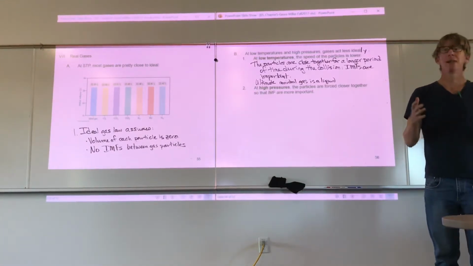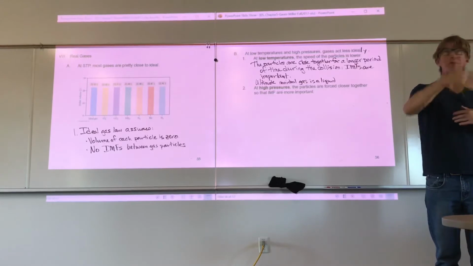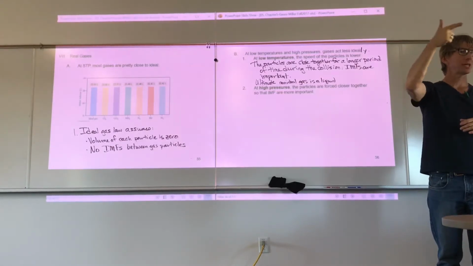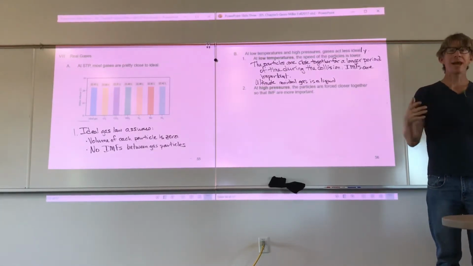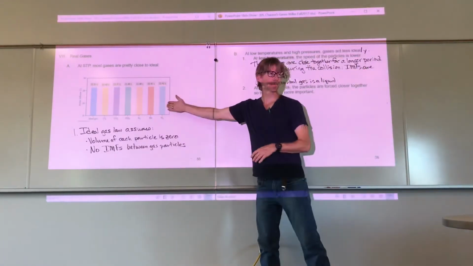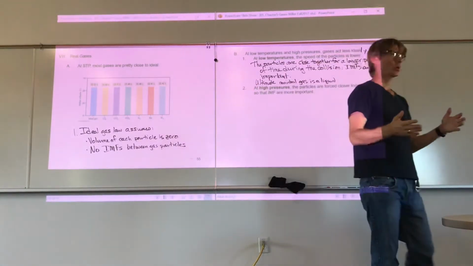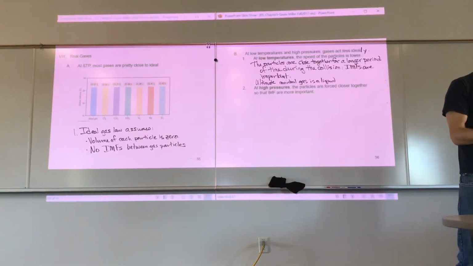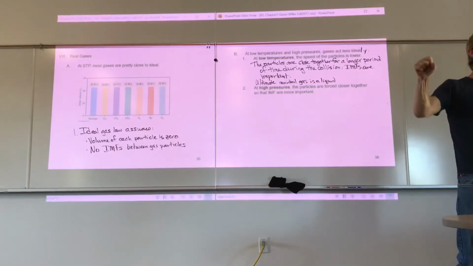I think with speed of collision, yes. For the gases in this room, nitrogen, oxygen, argon, carbon dioxide, at room temperature and pressure, everything acts ideally. Not important. We're talking about what if you get lower than that? Certainly at some point, they will be moving slow enough to matter.